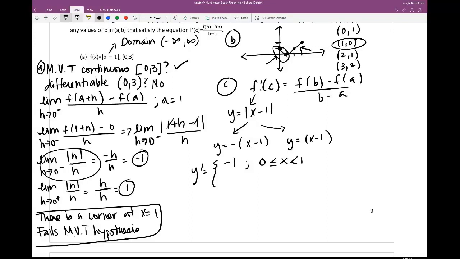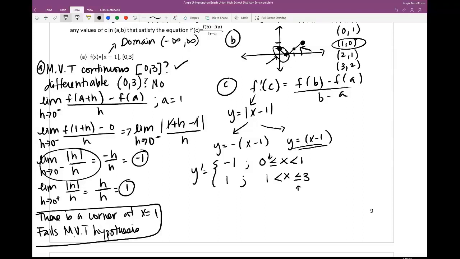The derivative still exists at the endpoint, right there. And over here, the derivative is going to be 1, when x is greater than 1 but less than or equal to 3, because I still have a derivative of 1 at 3. So that's why this is inclusive, as well as that. So that's f prime.